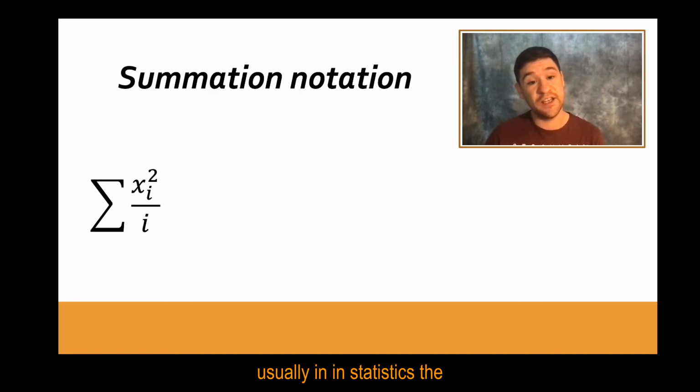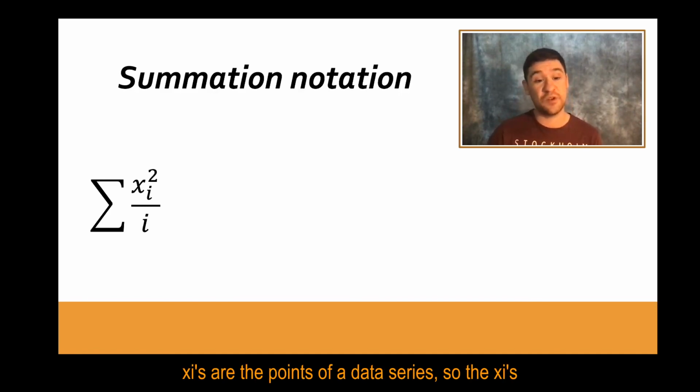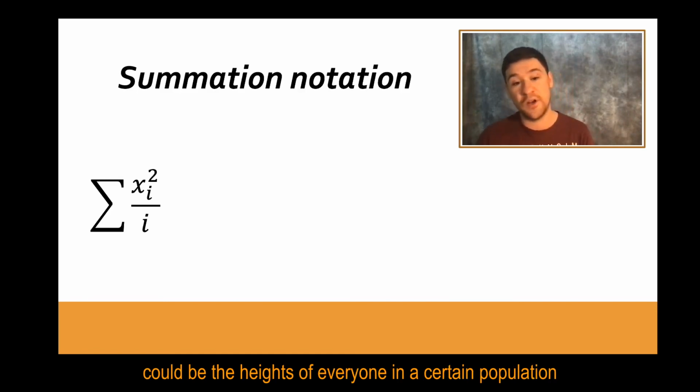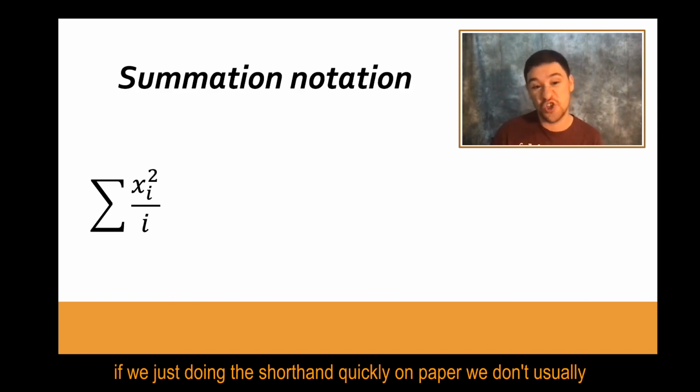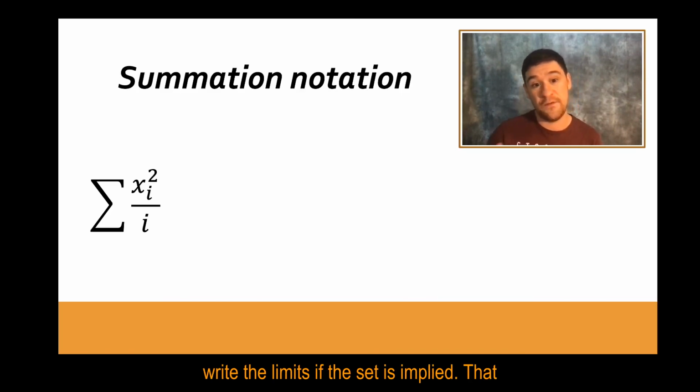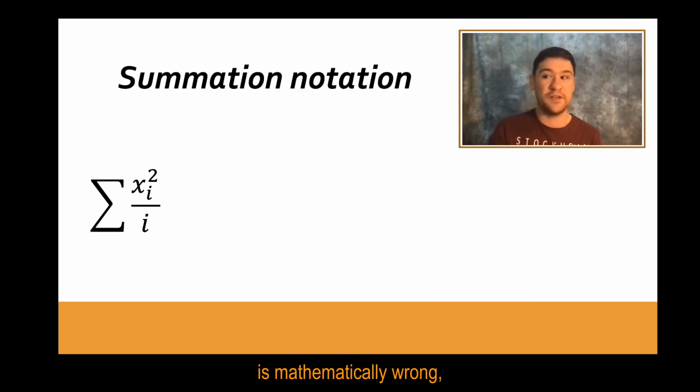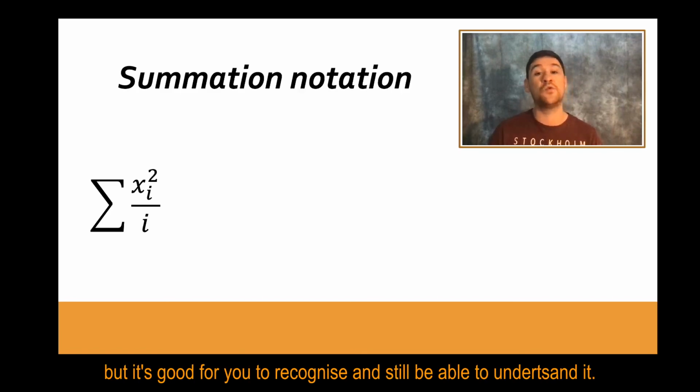Usually in statistics, if the xi's are the points of a data series, so the xi's could be the heights of everyone in a certain population, and we sum them across all the heights. If we're just doing this shorthand quickly on paper, we don't usually write the limits if the set is implied. But that is mathematically wrong, but it's good for you to recognise it and still be able to understand it.